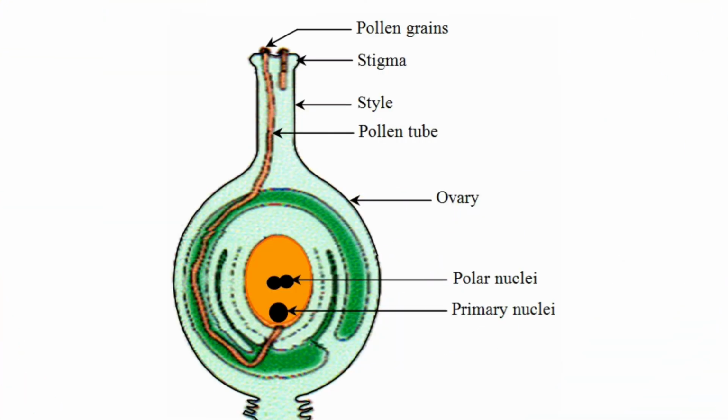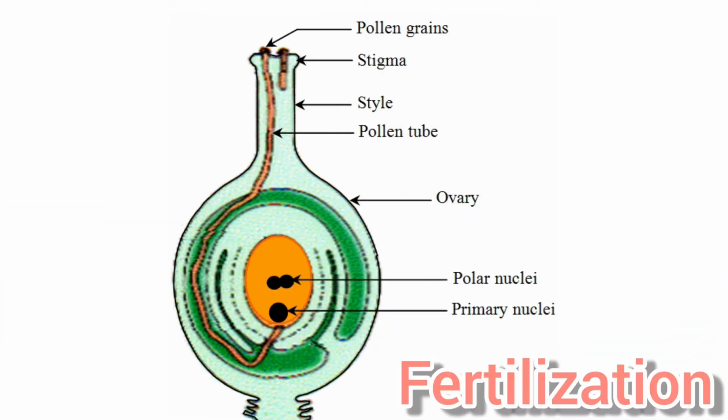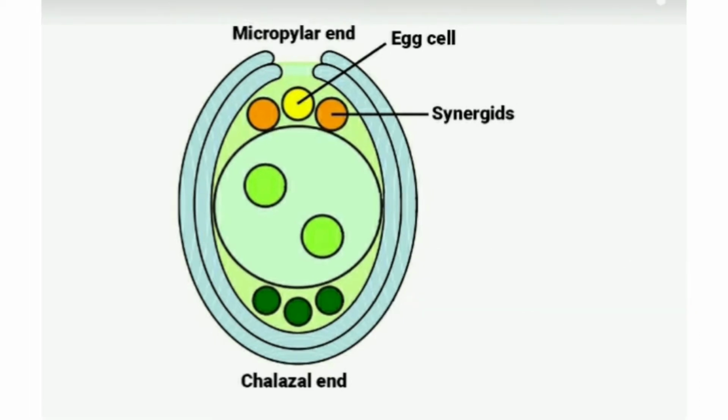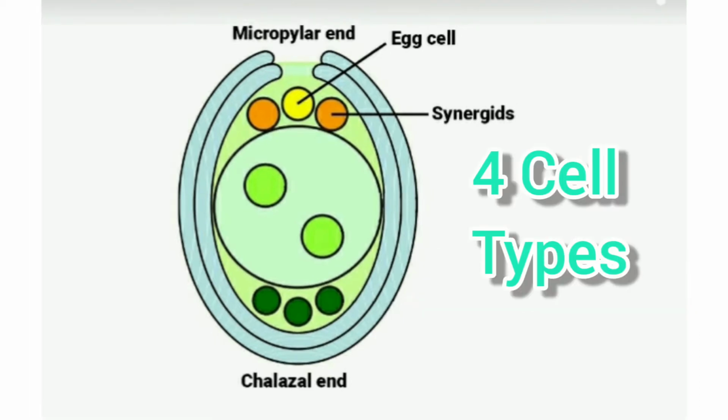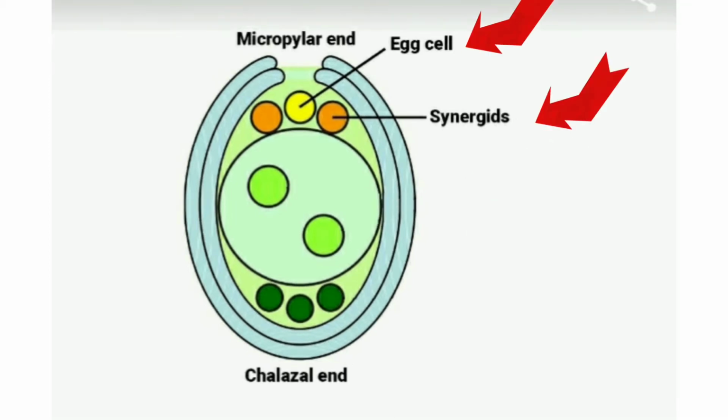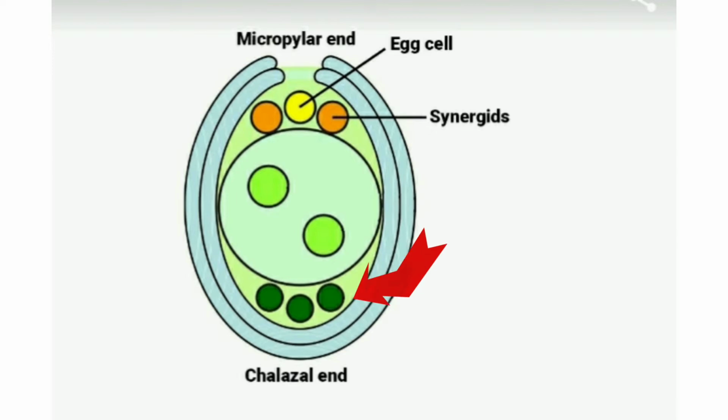Now before we move on to the fertilization process, we need to know about the components present in the embryo sac. So what are they? The mature embryo sac consists of 4 cell types. First are the egg cell and the 2 synergids at the micropylar end, the antipodal cells which are present at the chalazal end, and the central cell containing the 2 polar nuclei and a large central vacuole.